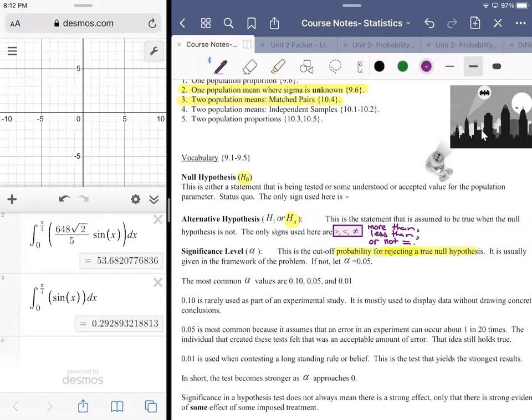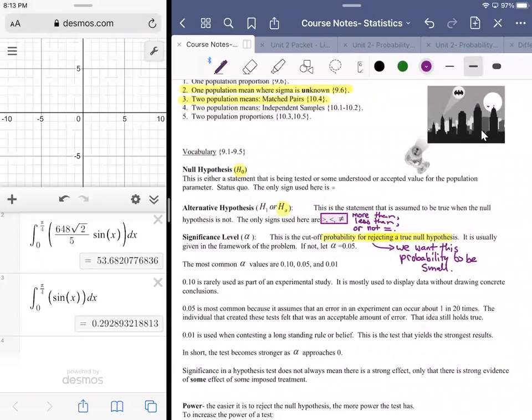We want this probability to be very, very small. All right.